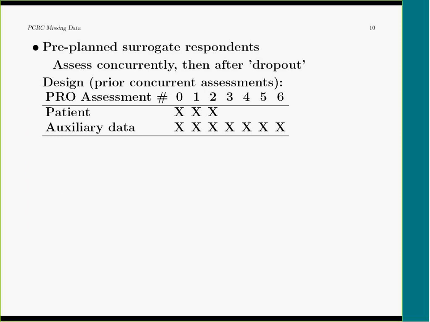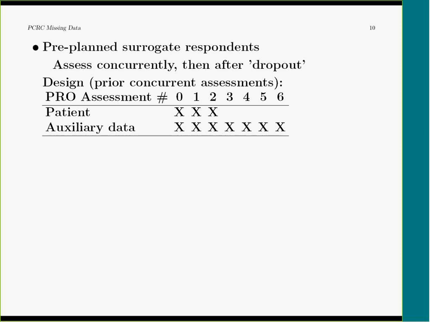And then plan for a surrogate respondent, something that we want to be assessing concurrently and after dropout. So the concurrent assessments, this auxiliary data, might be assessments by either a professional caregiver or by the family or friend caregiver.